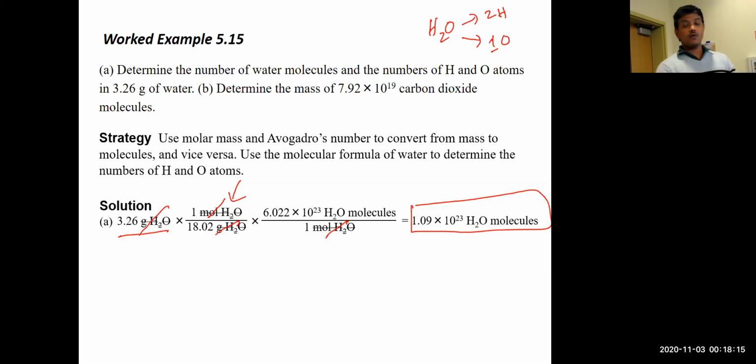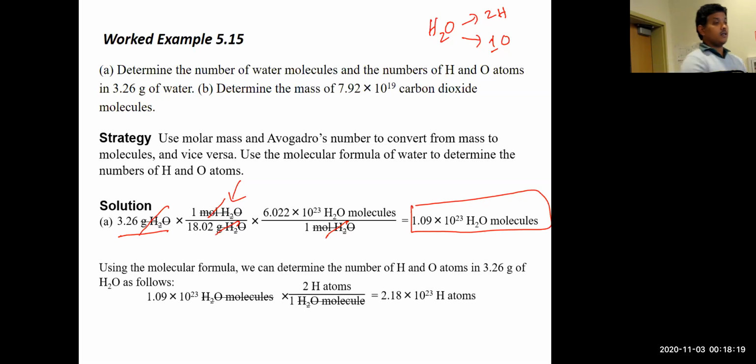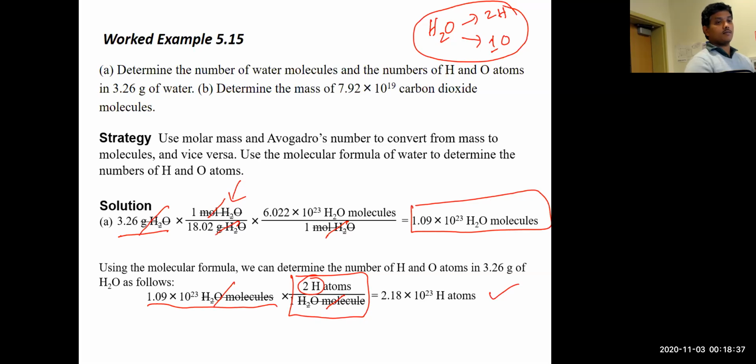Okay, so we are going to make a conversion factor for that. For each 1 water molecule, you have 2 hydrogen atoms. That's your conversion factor, made from this ratio. Okay, so you have these many hydrogen atoms.